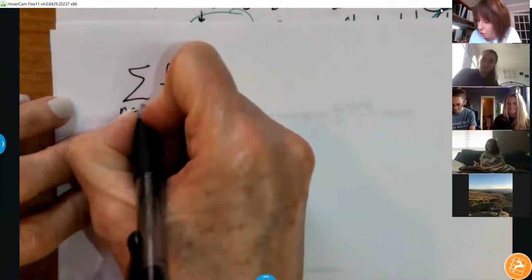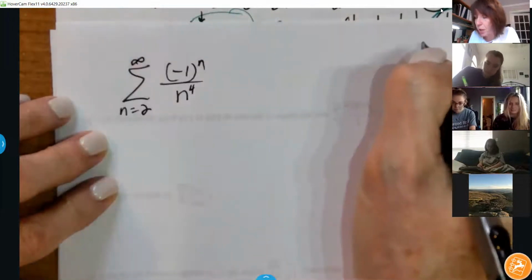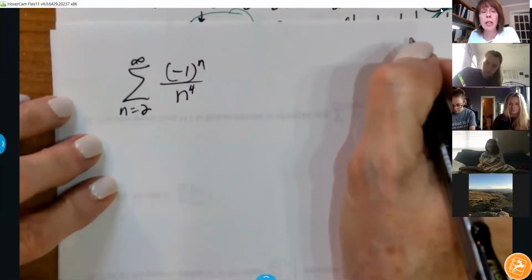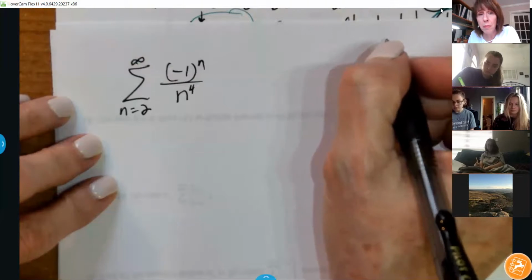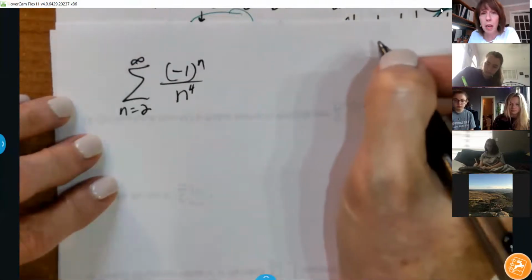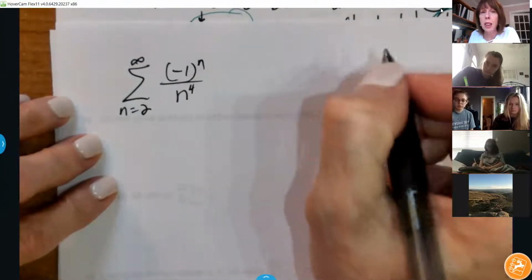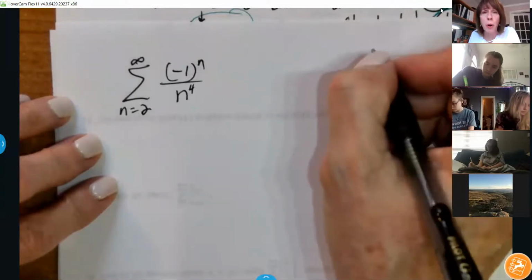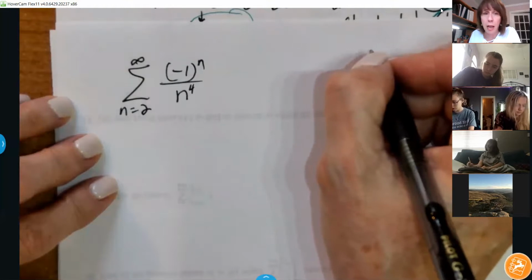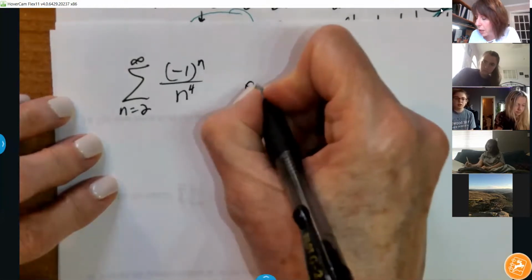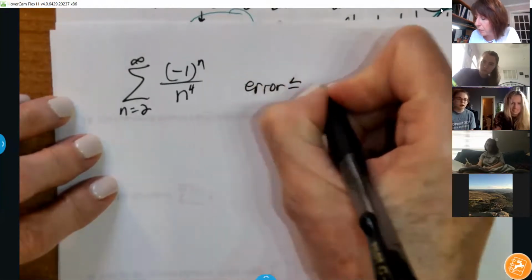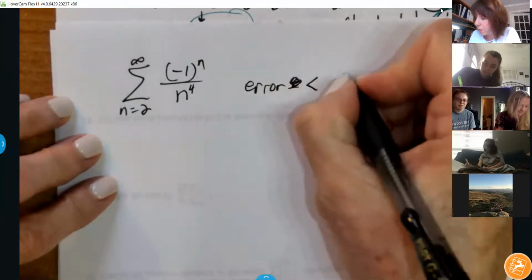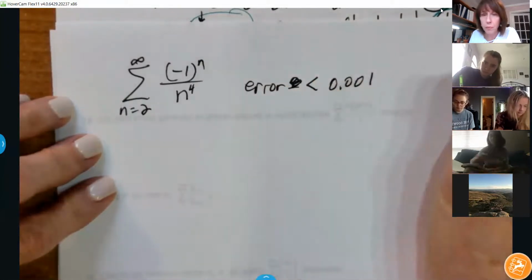And this time, let's start with 2. And let's approximate the sum. It'll say approximate the sum with an error less than, let's say 0.001. AP seems to like 0.001. So we want the error to be just less than 0.001.